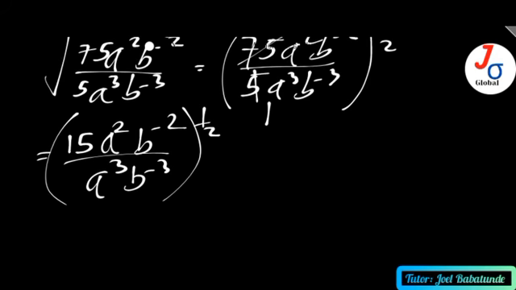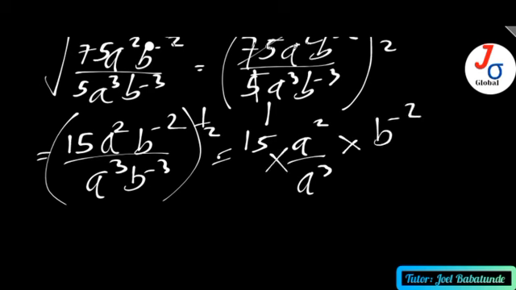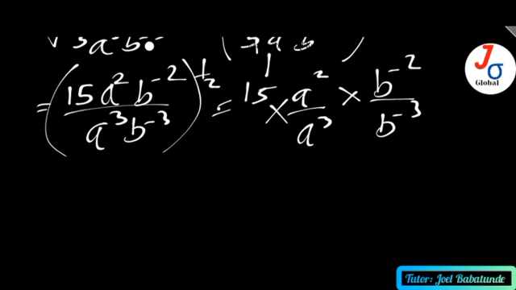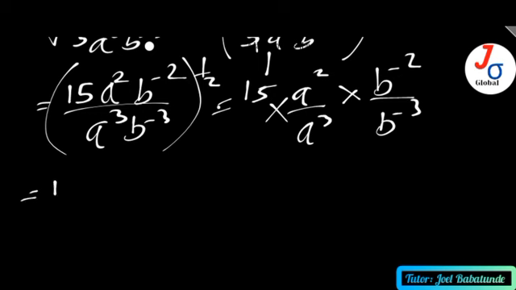Now I'm going to split it: 15 multiplied by a squared divided by a to the power of 3, then multiplied by b to the power of minus 2 divided by b to the power of minus 3.